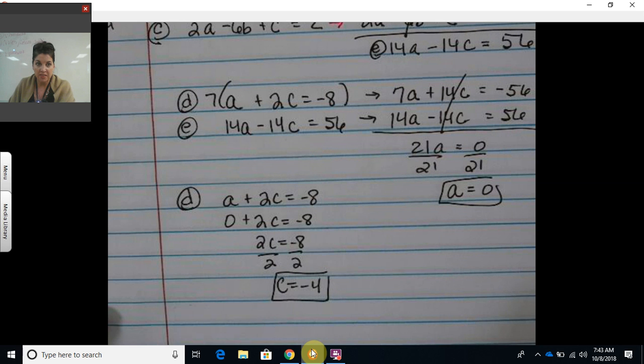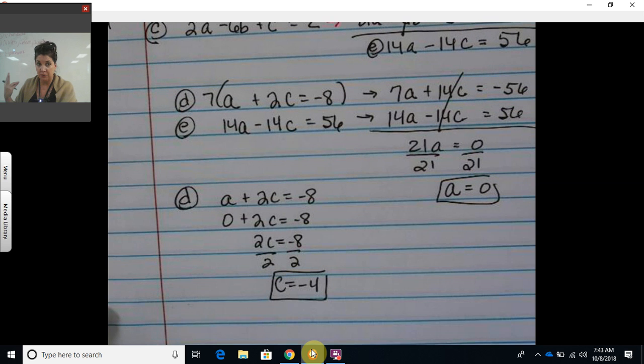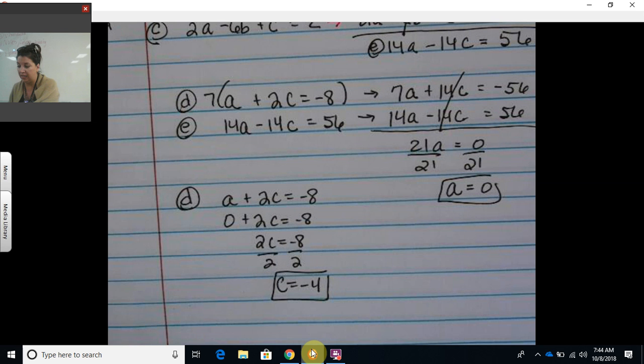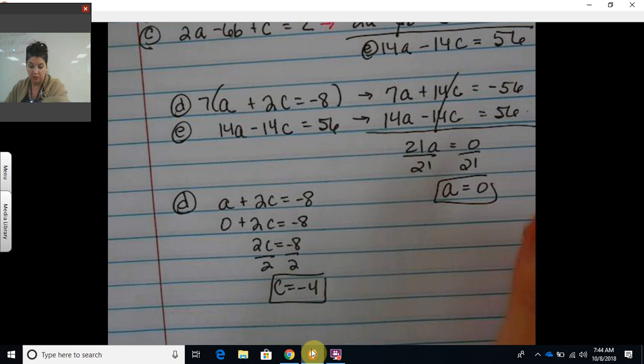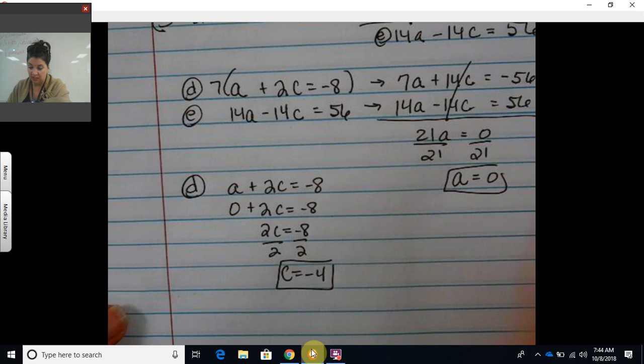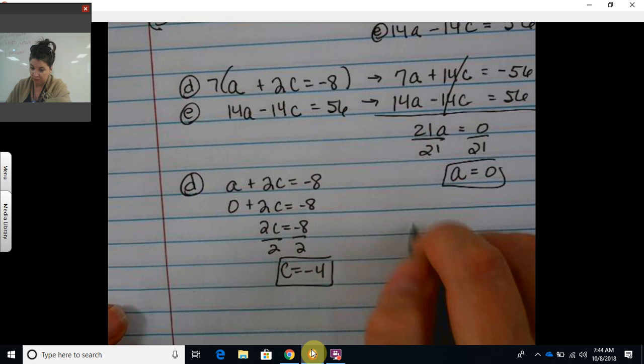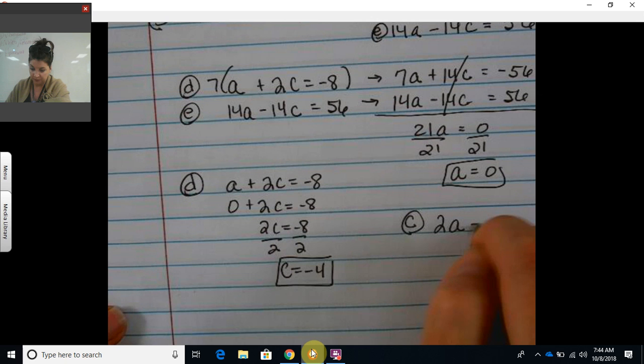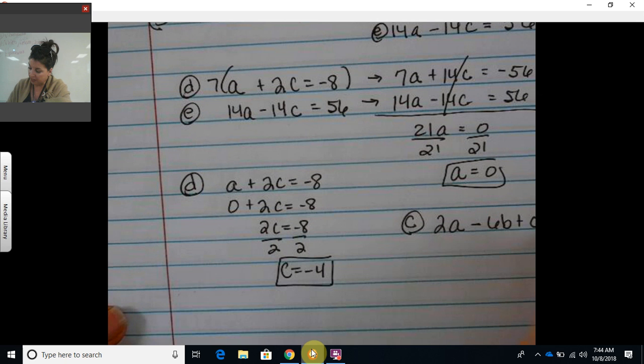So now that I know two of the three variables, now I can substitute those back into either A, B, or C. And I'm going to substitute it into C. But it does not matter which one. I know A is 0. I don't know B. And I know C is negative 4.